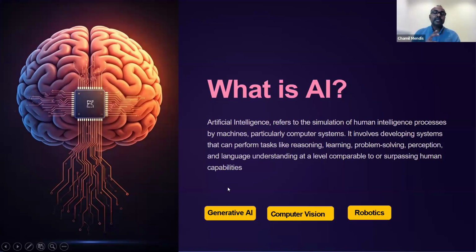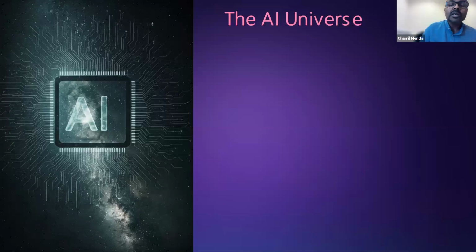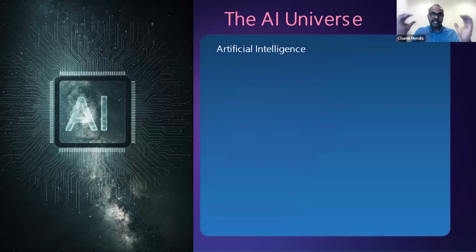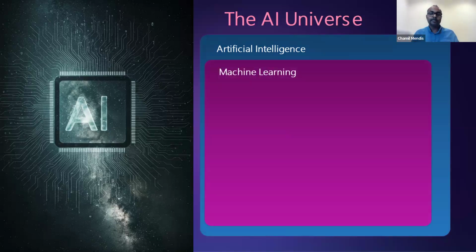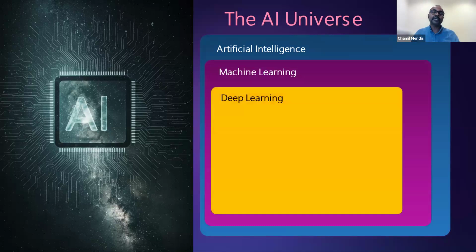Generative AI is a tool created using AI to produce human-like content. So we will look at what generative AI is. It is very important to understand where generative AI is positioned relative to AI. Take artificial intelligence as a big universe, the AI landscape. Under it you will see machine learning, and under that, deep learning.